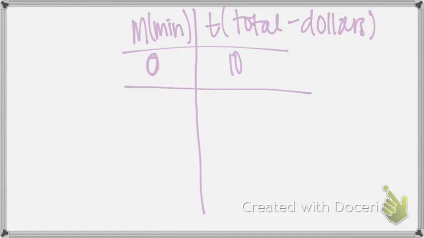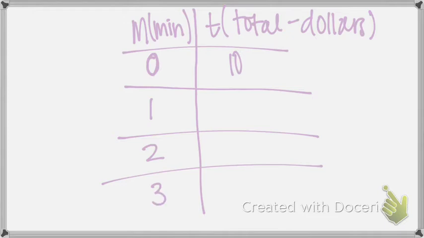Okay. Now, for every additional minute, it is going to cost 7 cents. So if I use 1 minute extra, it's going to cost me $10.07. If I use 2 minutes extra, it's going to cost me $10.14.